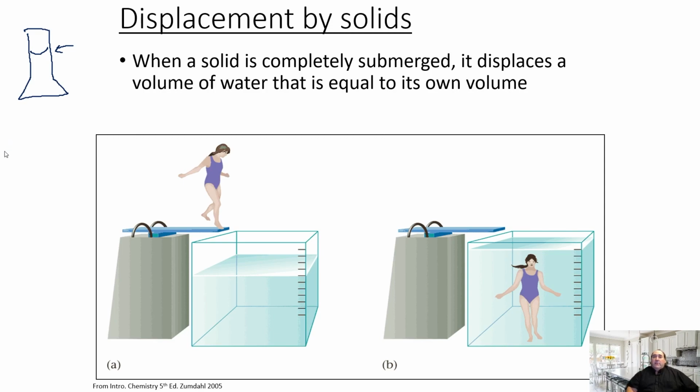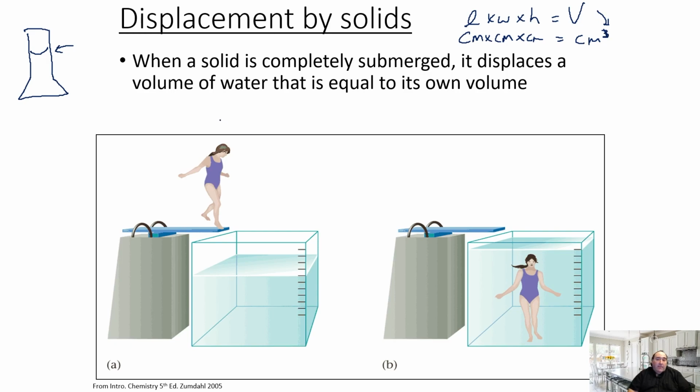Another way, especially with a solid, as we talked about, you can take the length times the width times the height, and that would equal your volume. And again, if they are all, for example, in centimeters, that's going to get you your cubic centimeters, which once again is a volume.